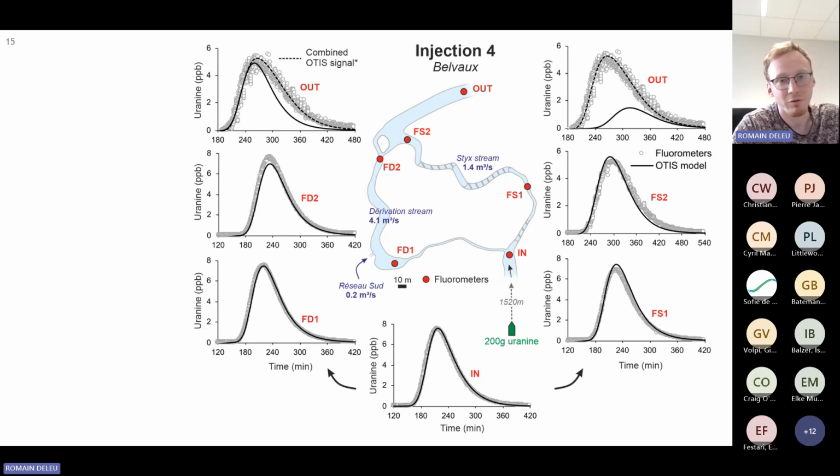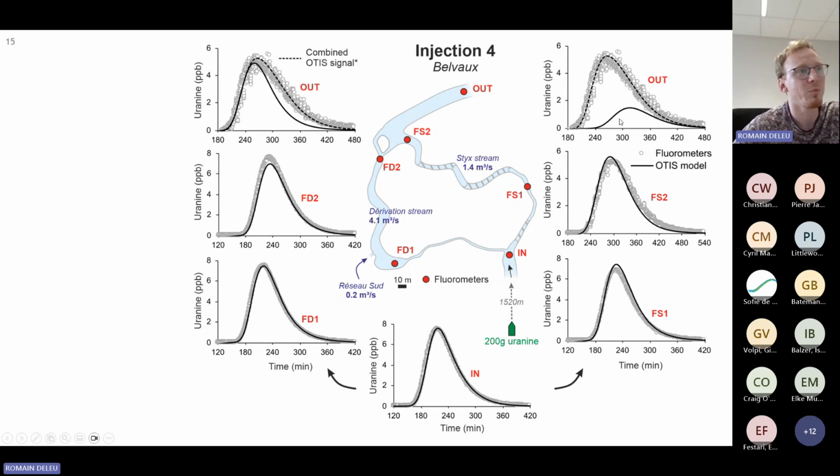But this time we do not have a double peak. The model suggests that this is due to the fact that the peak coming from the sticks, which is always a bit late compared to the derivation stream, is just masked behind the tail of the first peak coming from the derivation.